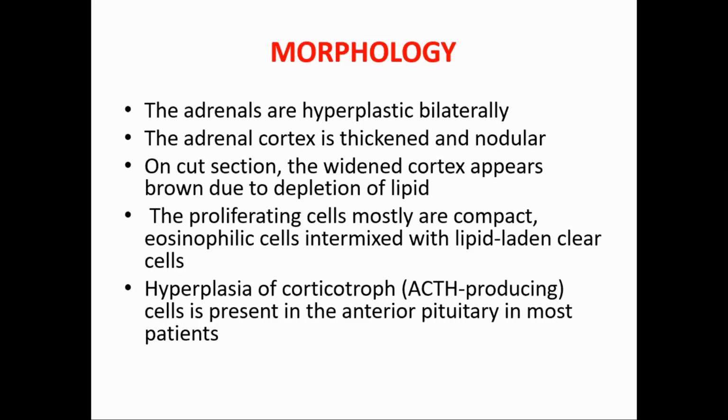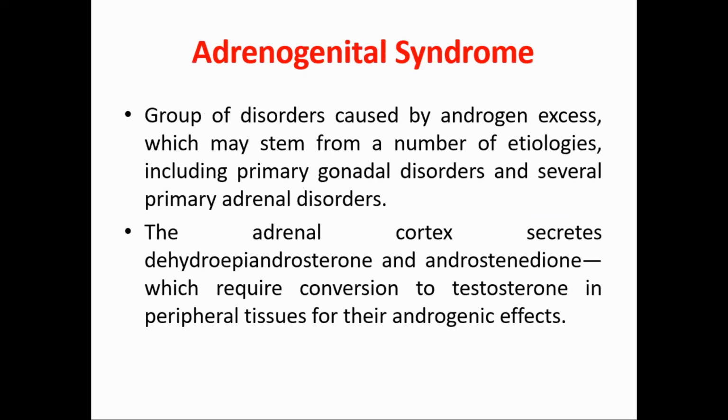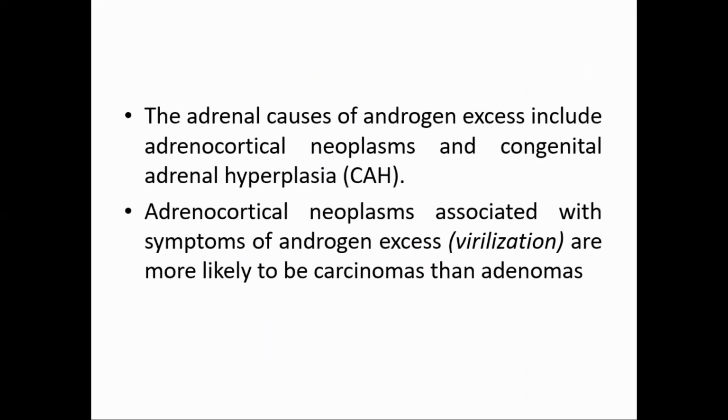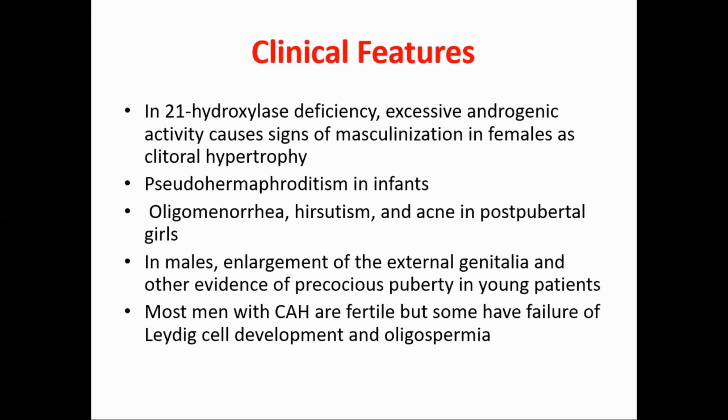This hyperplasia of the corticotroph cells appears eosinophilic. And the cortex is brownish due to lipid depletion, whereas generally the cortex of the adrenal gland should appear yellowish. Okay, are you understanding adrenogenital syndrome? Yes, ma'am.